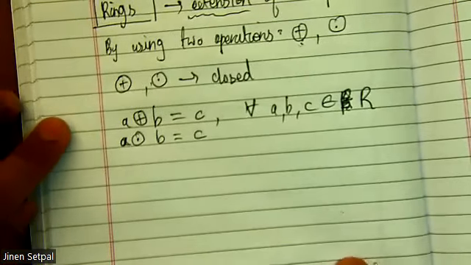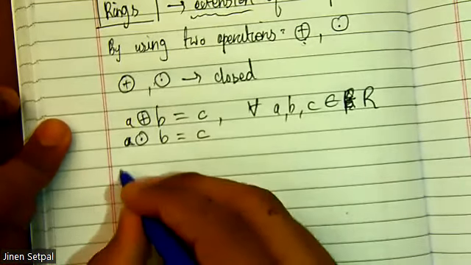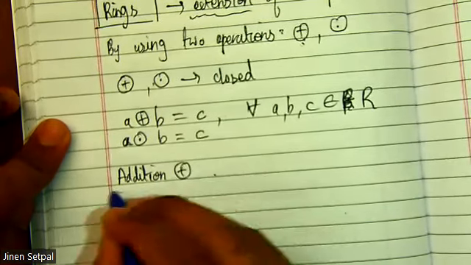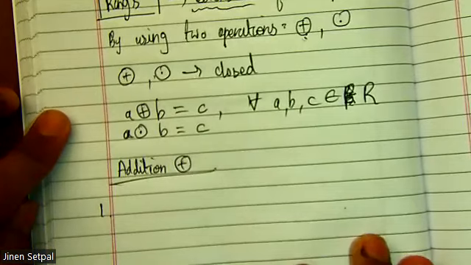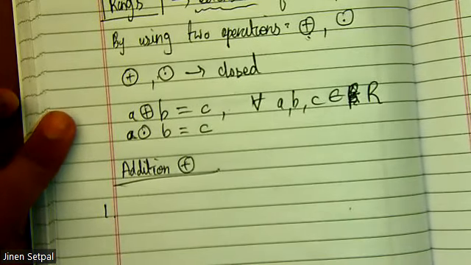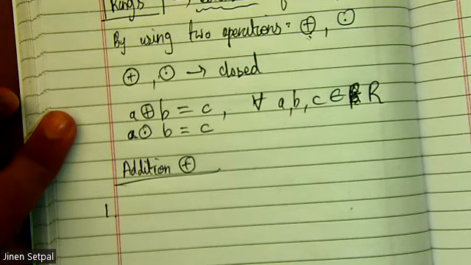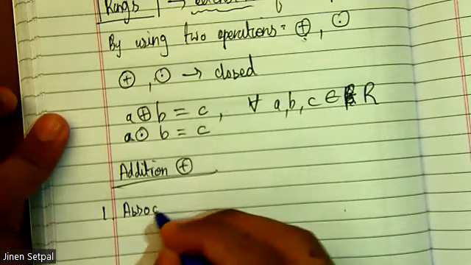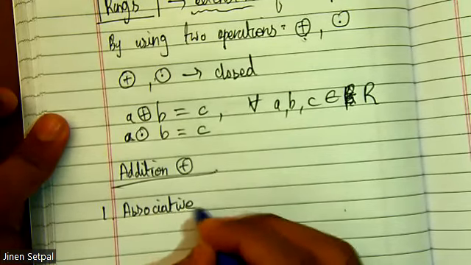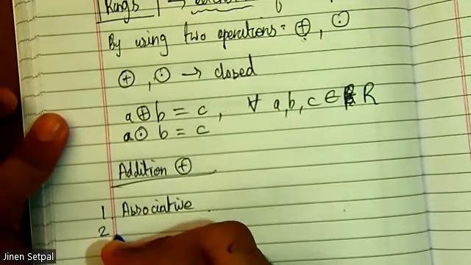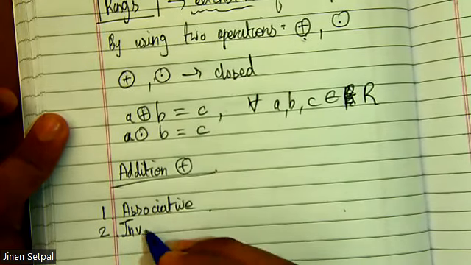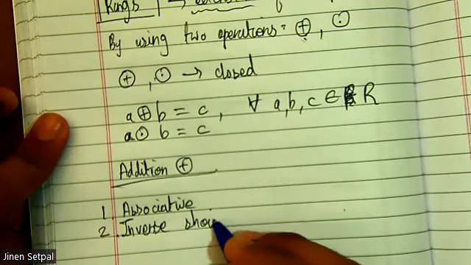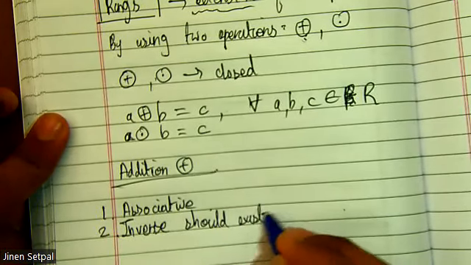Let's talk about the addition operation and the properties that it has. Firstly, we discussed the associative property, and this holds true again, so I won't bother rewriting it. It does have the inverse property, so an inverse should exist.